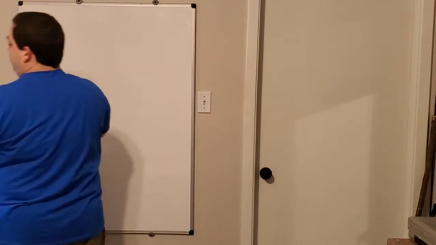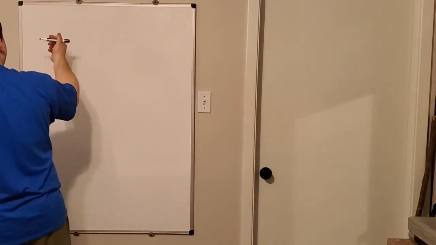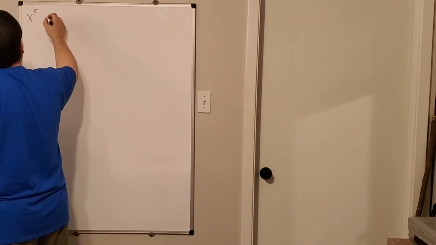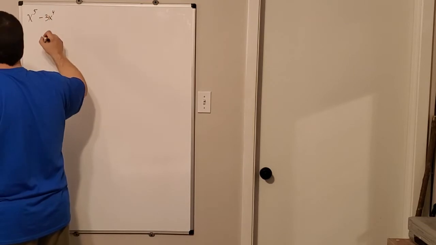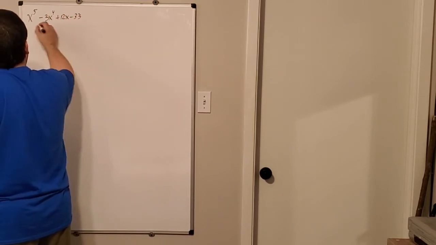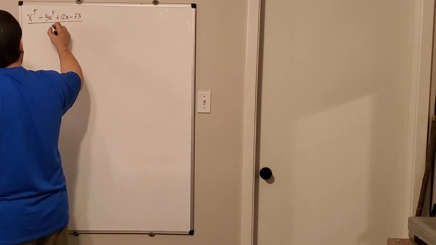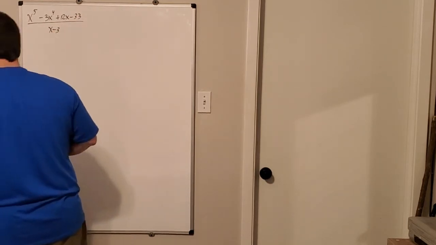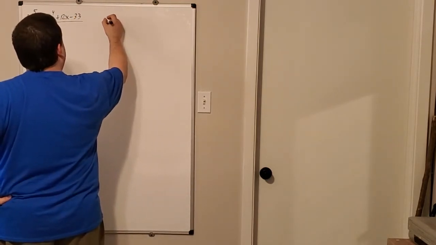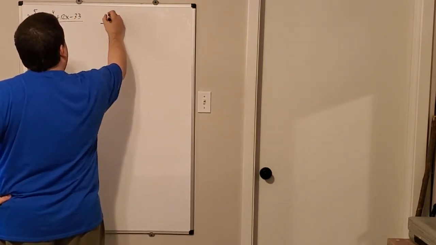Just a little bit ago, we talked about the division x to the fifth minus 3x to the 4 plus 12x minus 33 over x minus 3. Okay, so let's set that up again. We have 3 in the box.